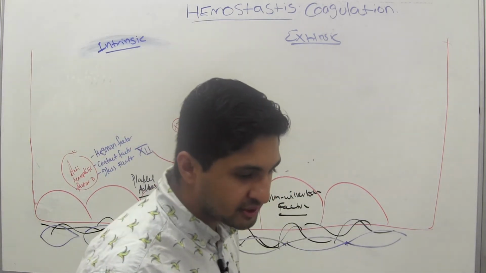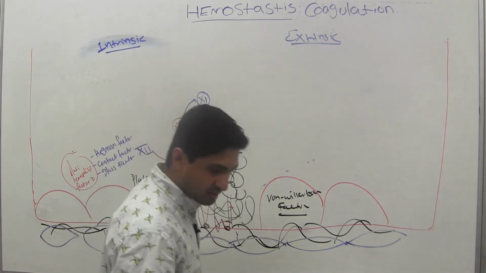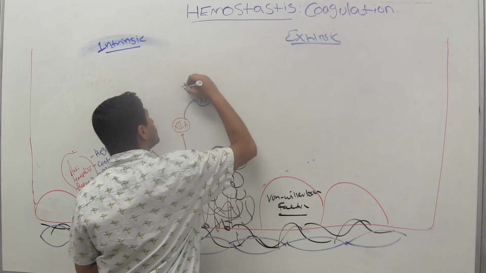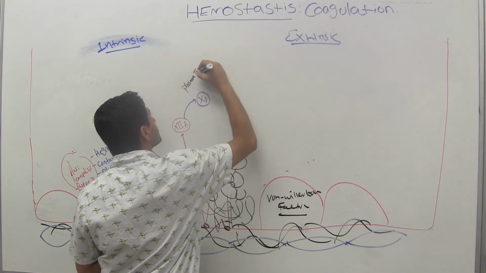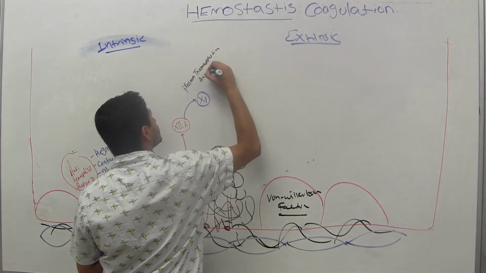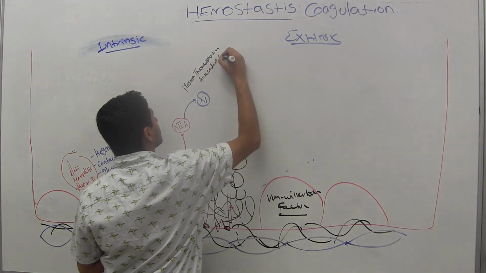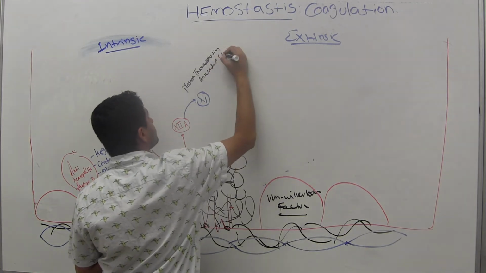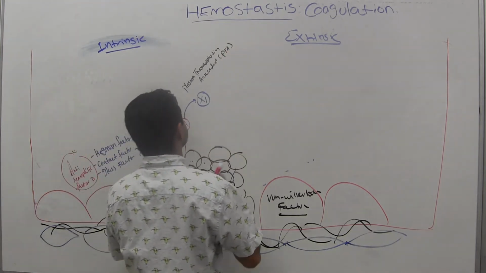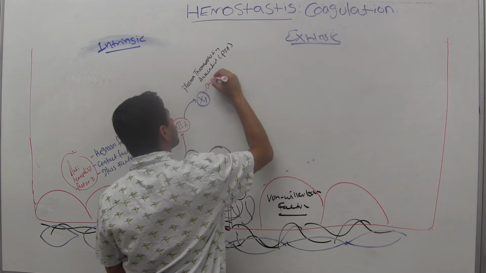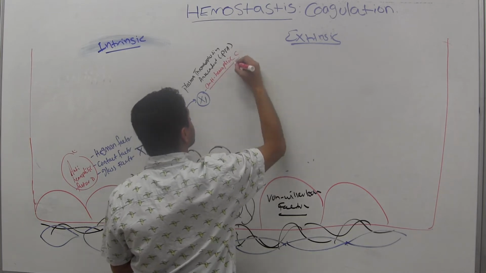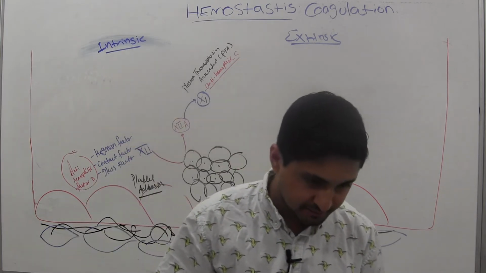It's called plasma thromboplastin antecedent, or you can simply say PTA. Or there's another name which I want you to remember: anti-hemophilic factor C.